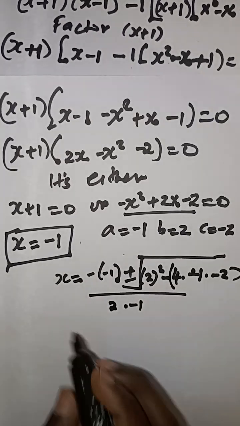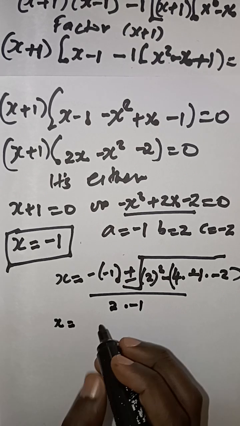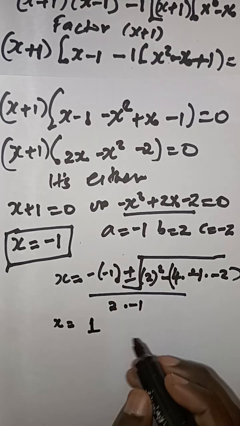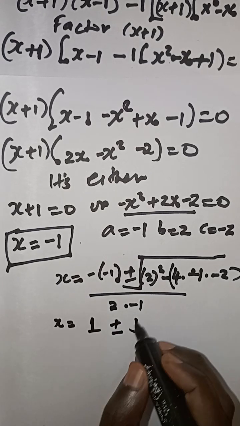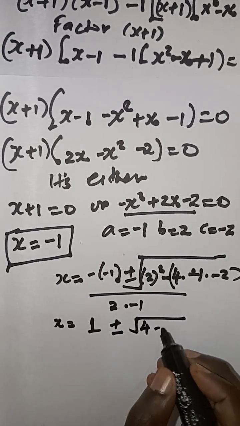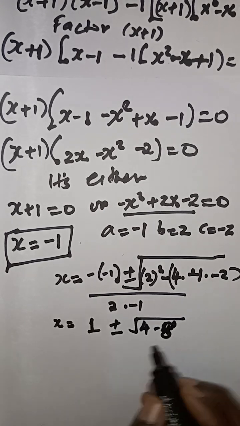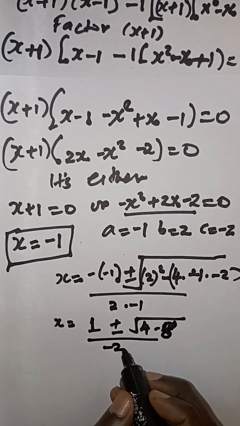That is, x equals, plus or minus the square root of 4 minus 4 times negative 1 times negative 2, that is 4 minus 8, over negative 2.